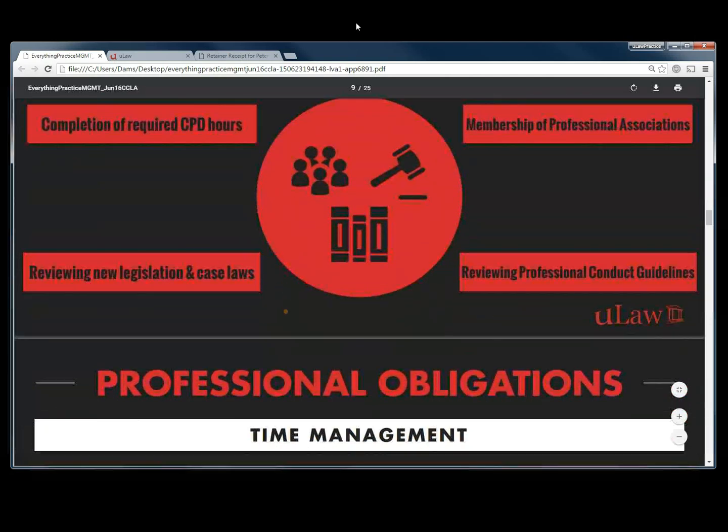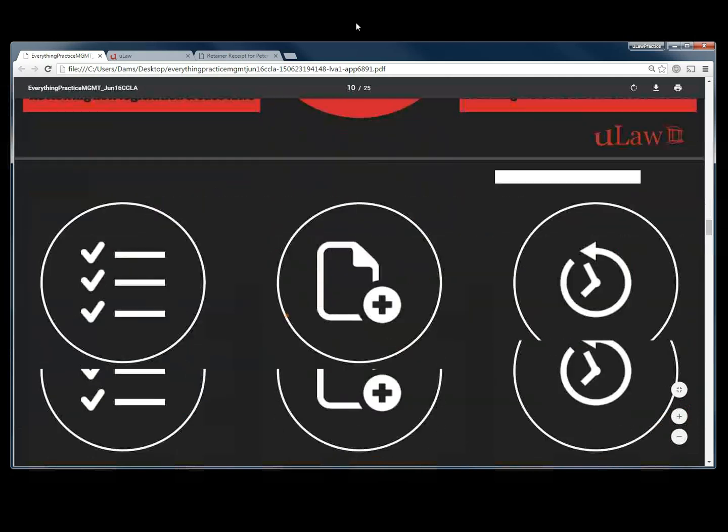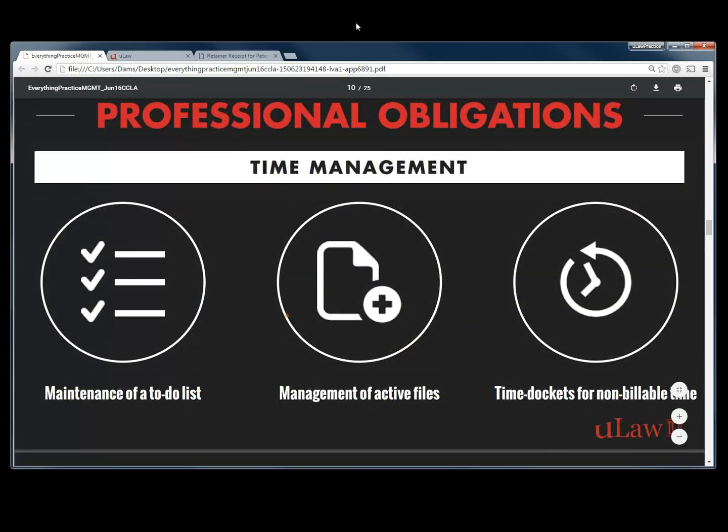Let's talk about time management, because this is very key to the practice, because most legal practitioners are on the go. Things are happening in the office, things are happening outside in a meeting, and things are also happening at court. So you want to maintain a proper to-do list. A proper to-do list is what will guide you.